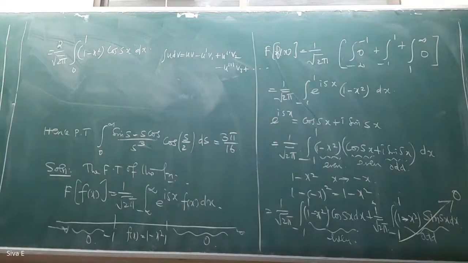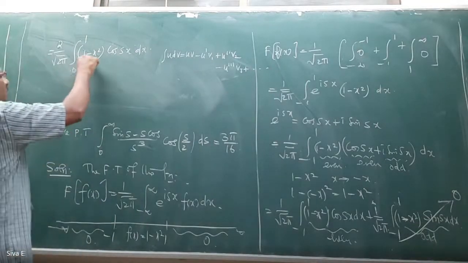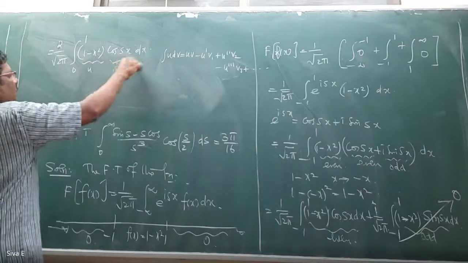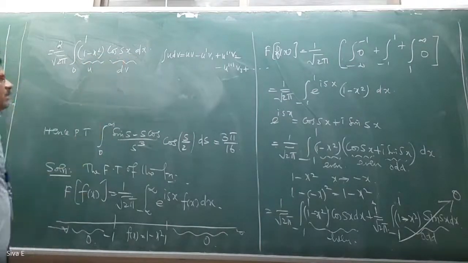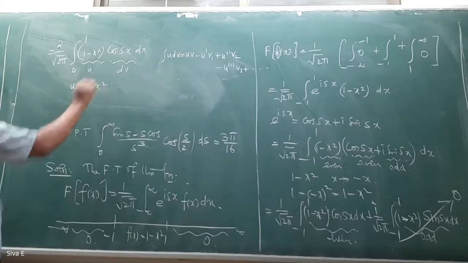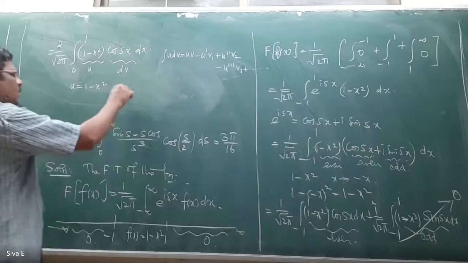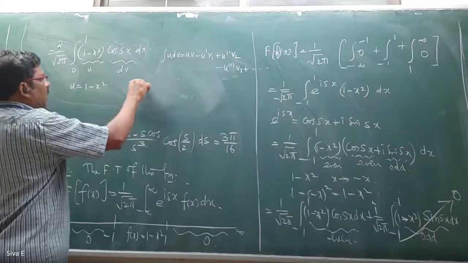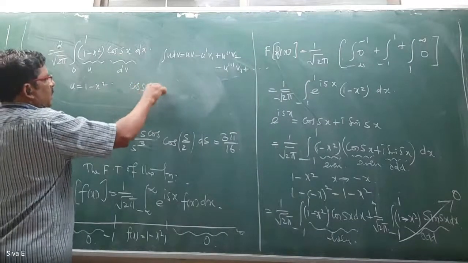So here what is u, what is v? u is 1 minus x square, and dv is cos sx dx.